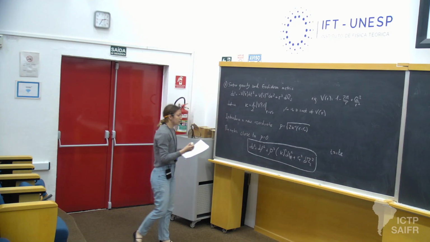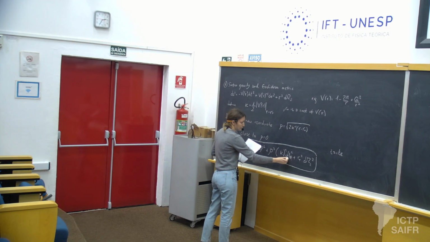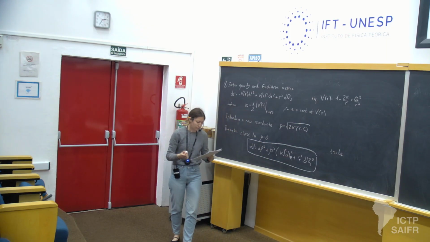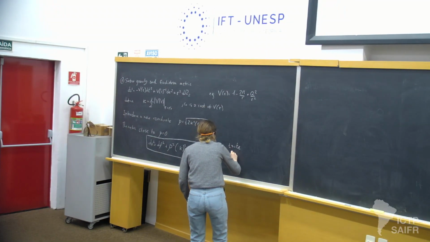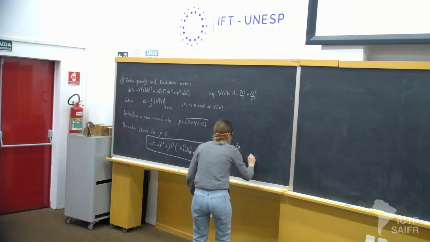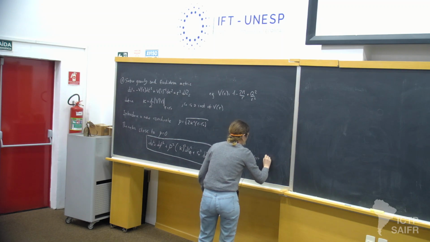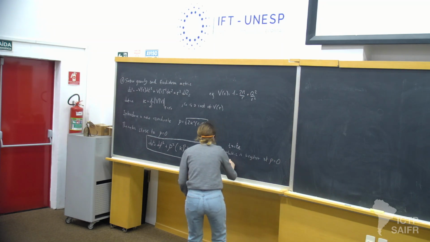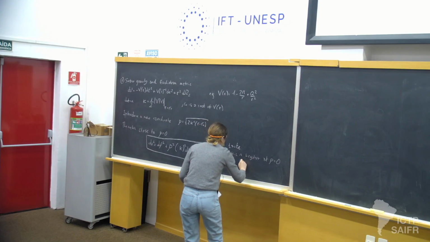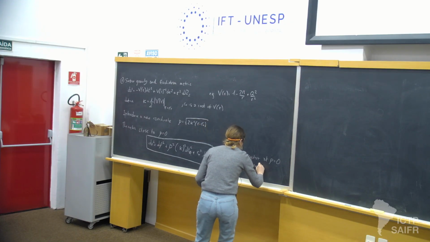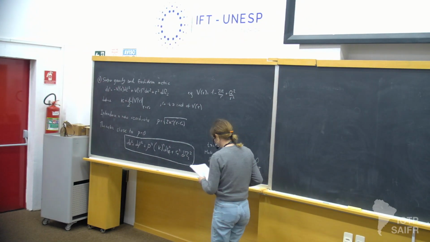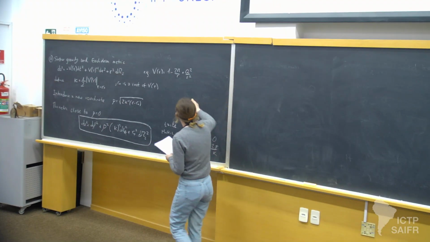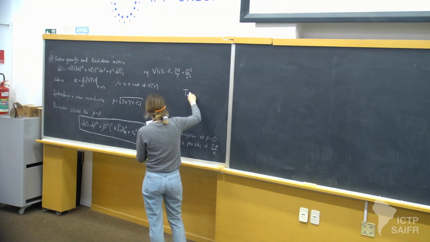The metric at rho equals 0 is indeed regular if T_E has periodicity 2 pi over kappa. So the metric is regular at rho equals 0, at the origin, if T_E is periodic with period 2 pi over kappa. And the Hawking temperature, T_H, is nothing other than the inverse of this period, so kappa over 2 pi.